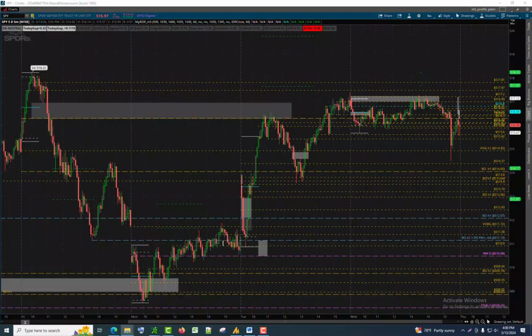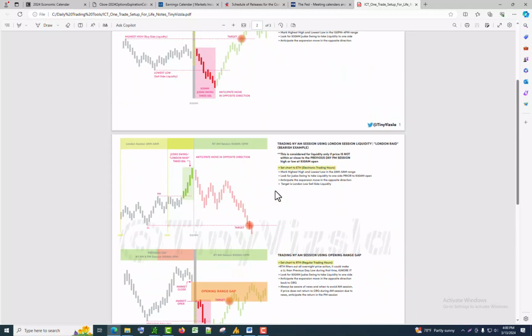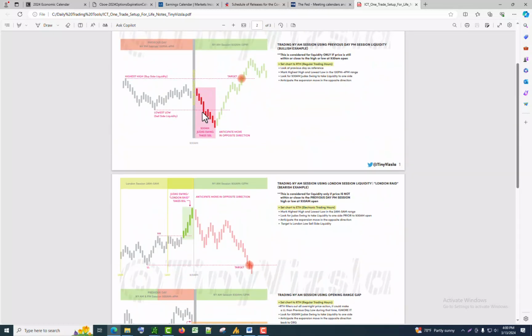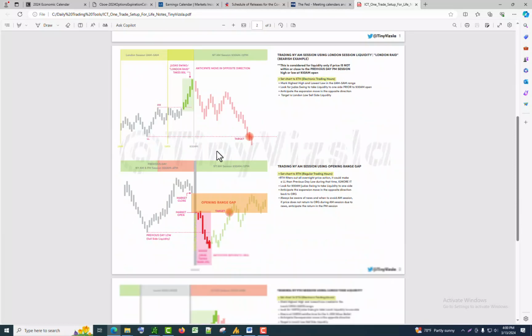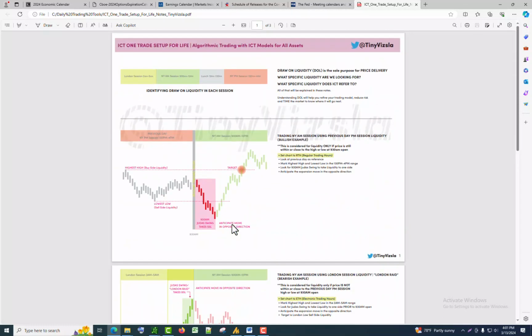It's a one-trade setup for life with this model. Basically on Friday, we have either this model, number one, or this model. So the Judas swing at 9:30, this model, trades the New York PM, no, that's not this model, then it's going to be this model.